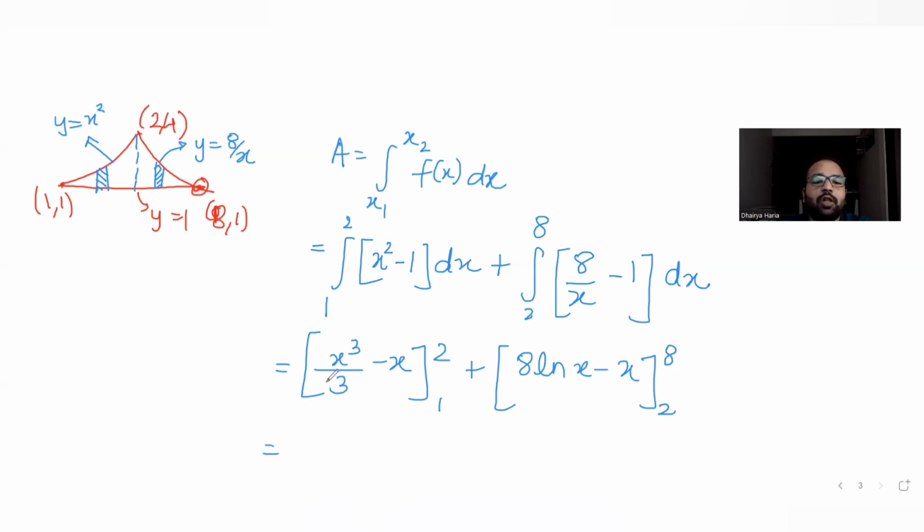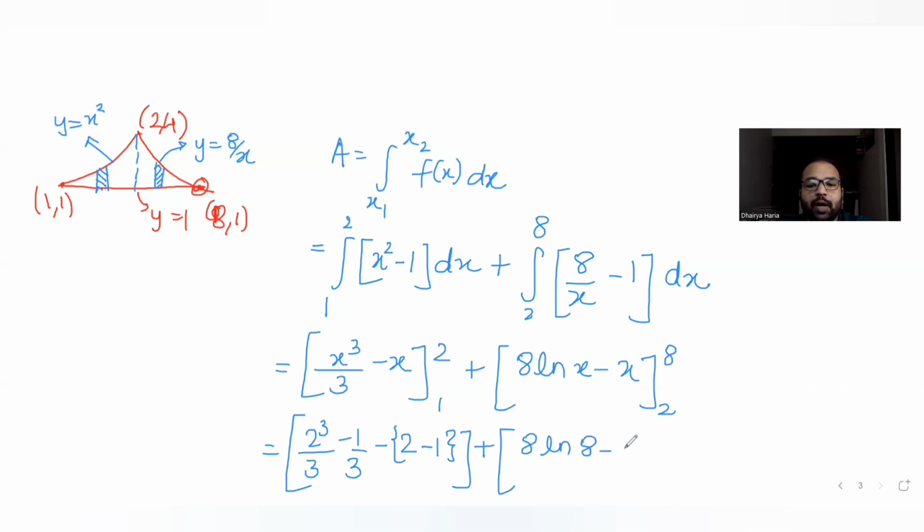So further, if you solve this, it gives you 2 cubed by 3 minus 1 by 3 minus 2 minus 1, plus 8 log of 8 minus 8 log of 2 minus 8 minus 2.